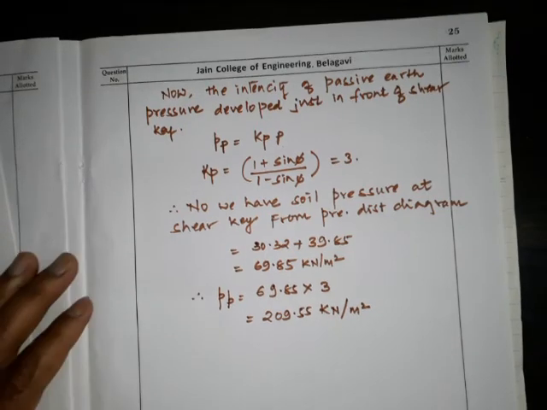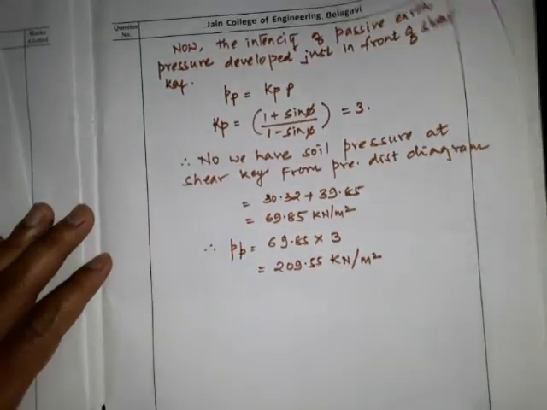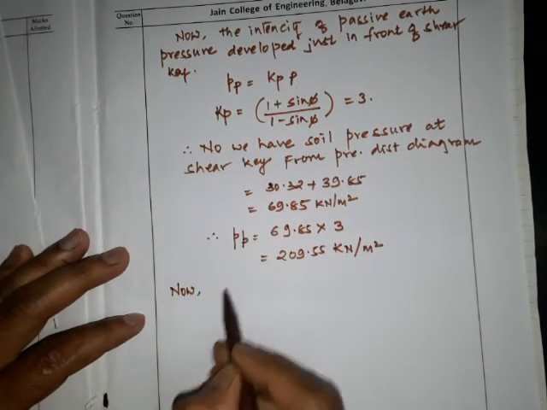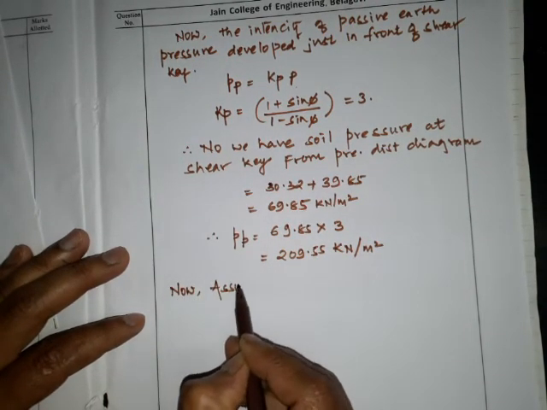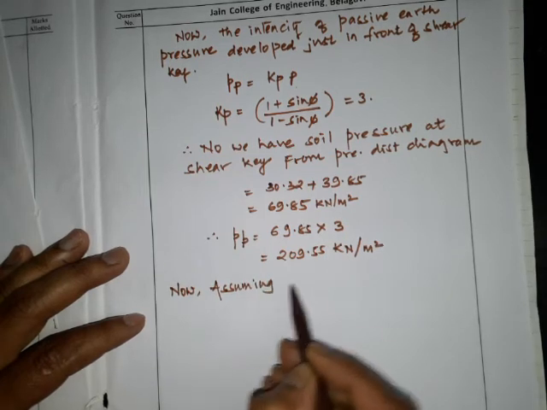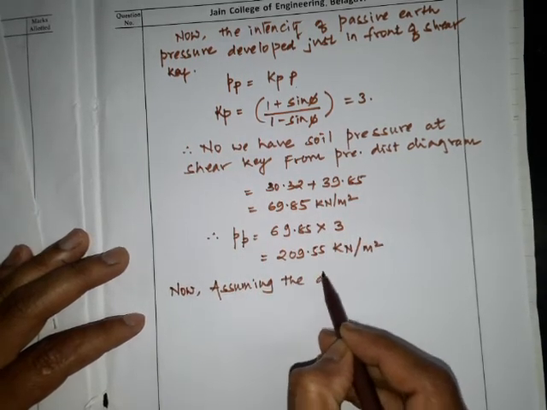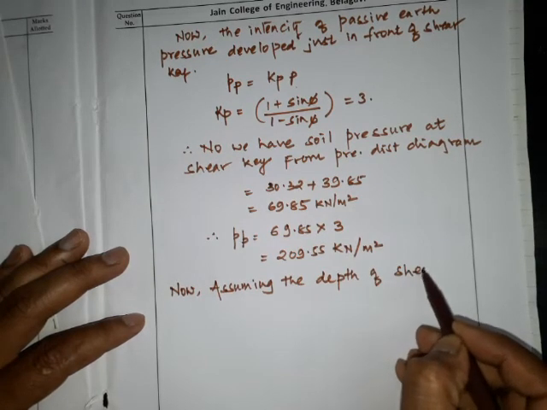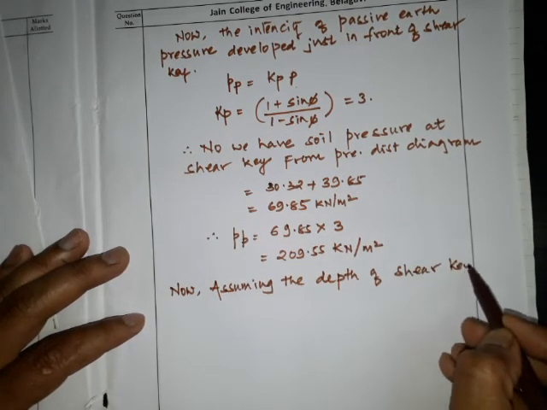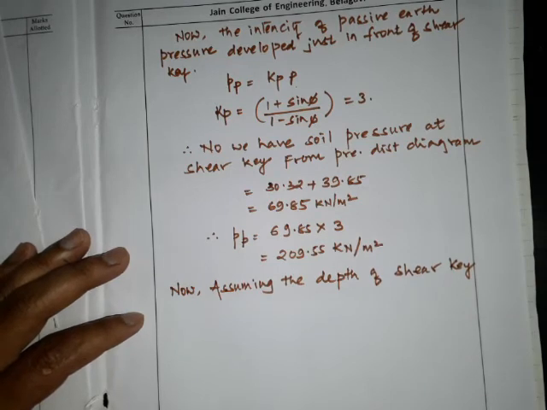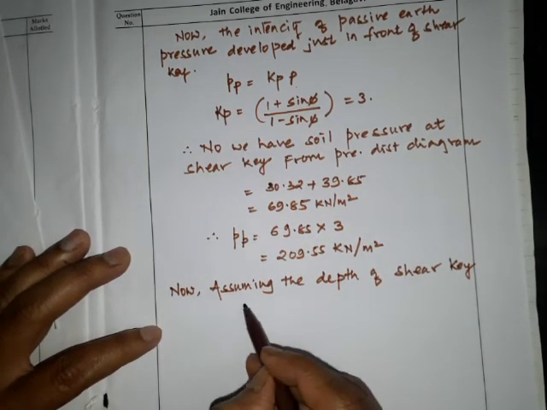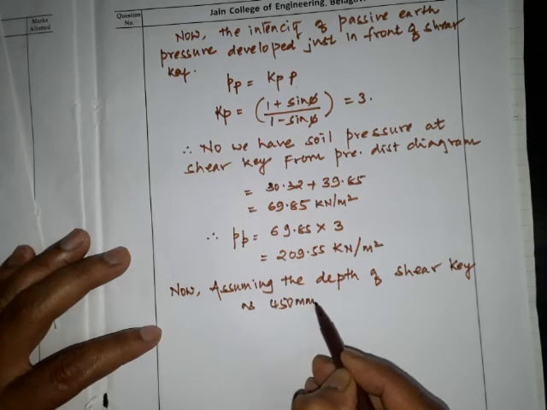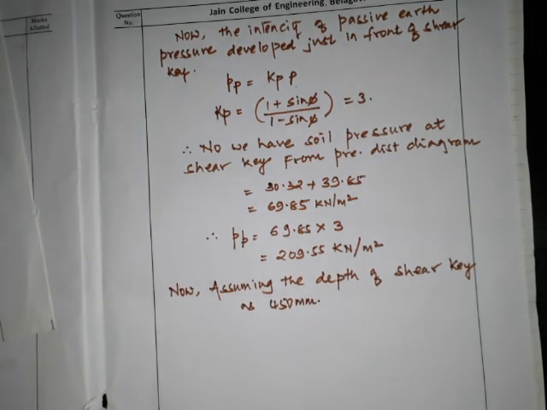So now, assuming the depth of the shear key as 450 mm, same as the depth of the base slab.